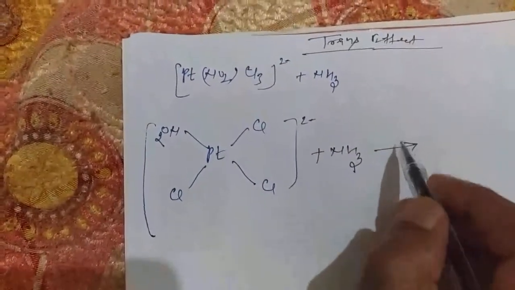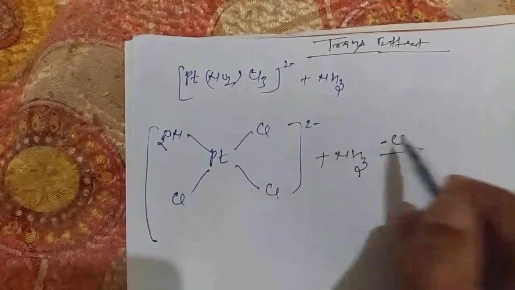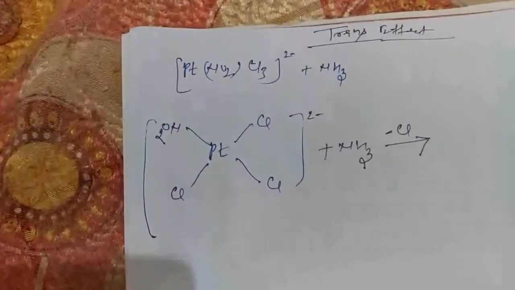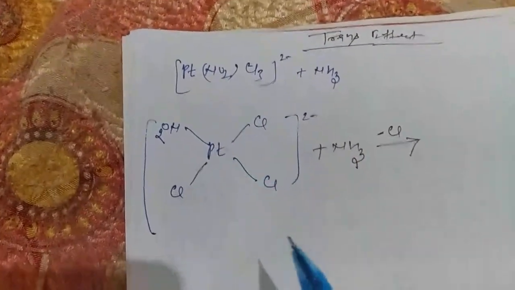Now what will happen if we take ammonia in this case, plus NH3? If NH3 is there, we can replace any one of the Cl. So we have three choices of replacement of Cl: this place, or this place.